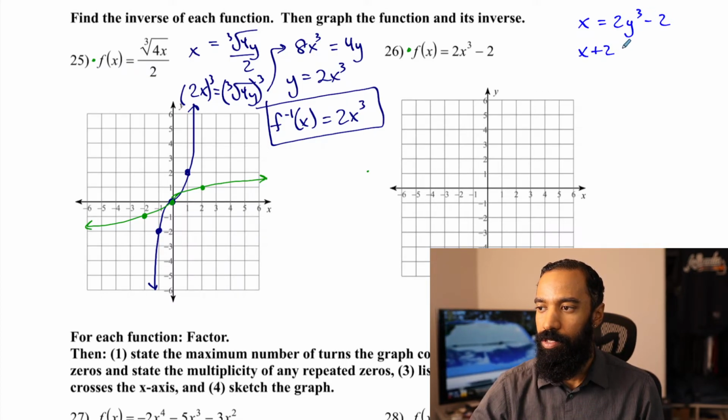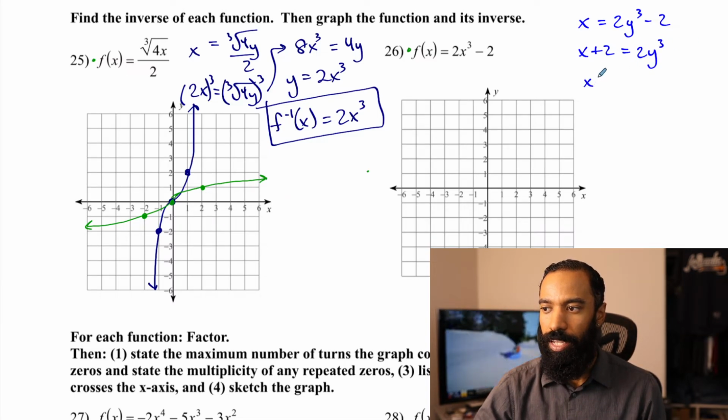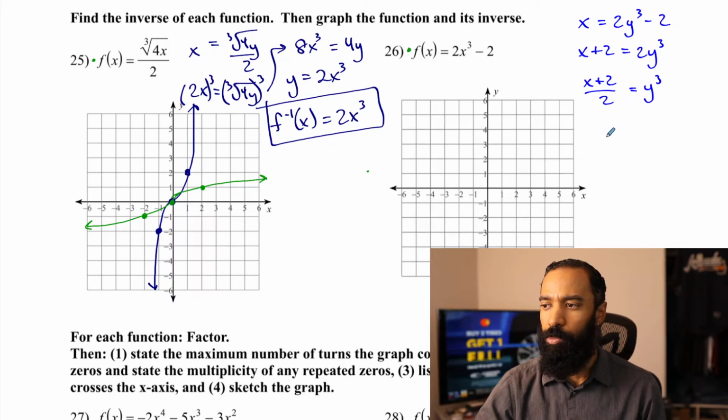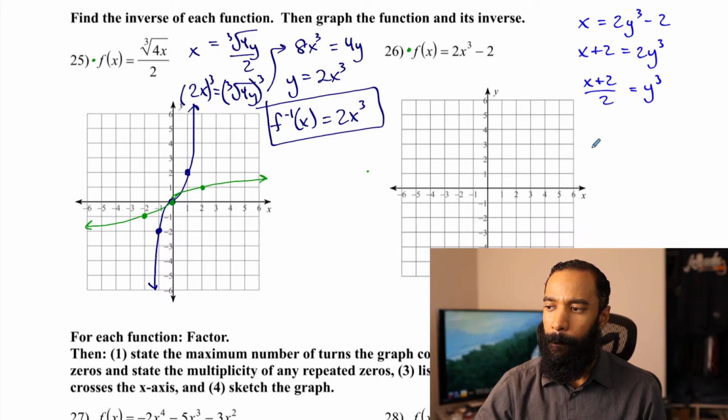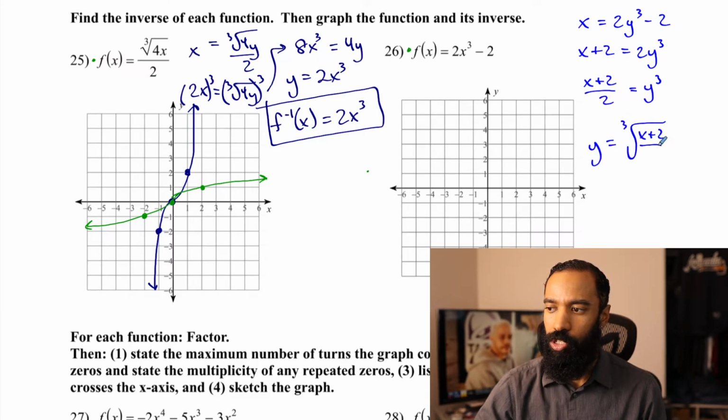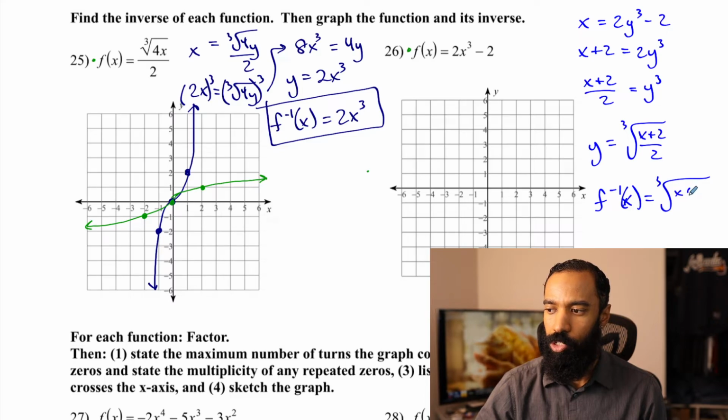Add 2 to both sides. Divide both sides by 2, and you're going to get x plus 2 over 2 equals y cubed. And then take the cube root, and we will get y equals the cube root of x plus 2 all over 2, or the inverse of f of x equals the cube root of x plus 2 all over 2.